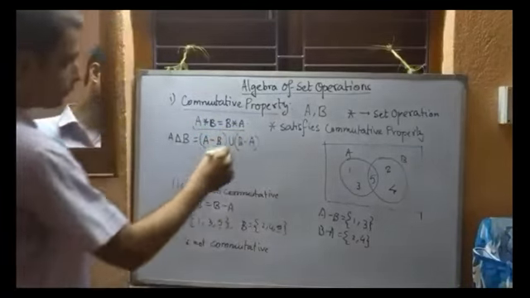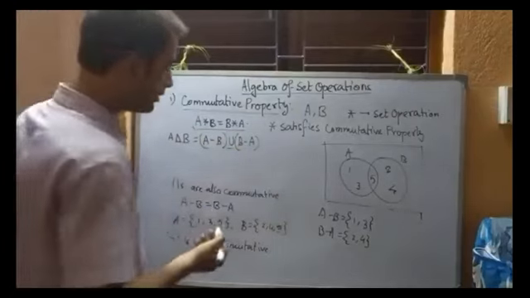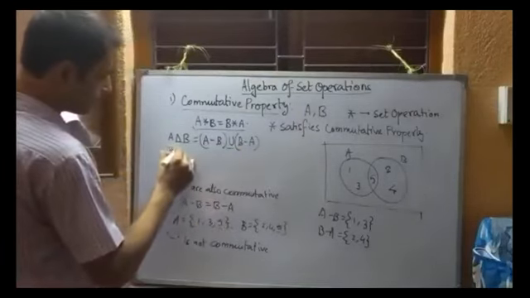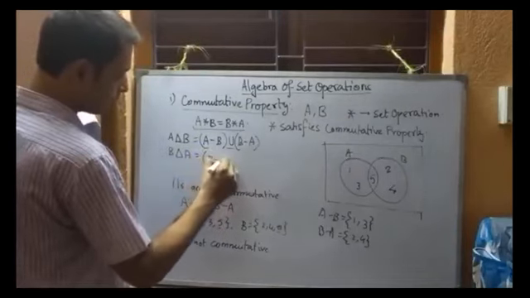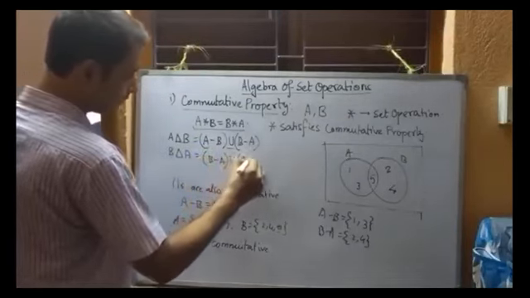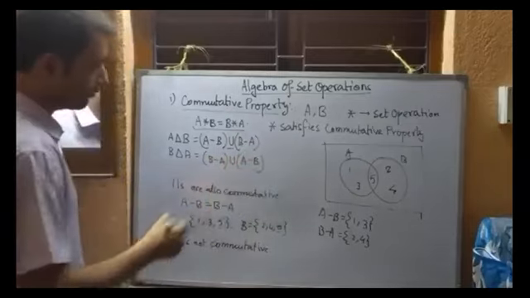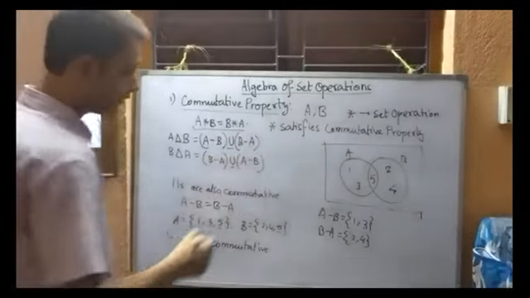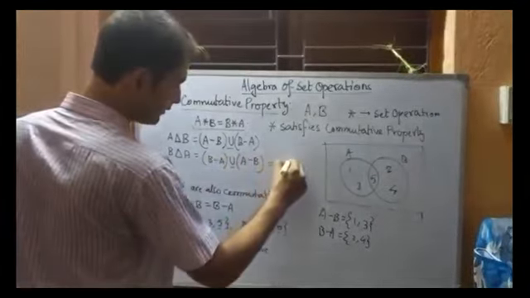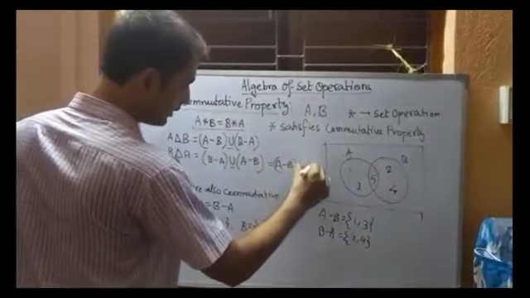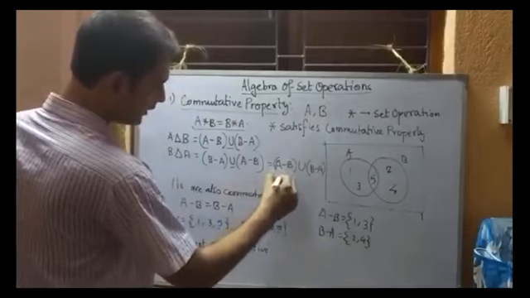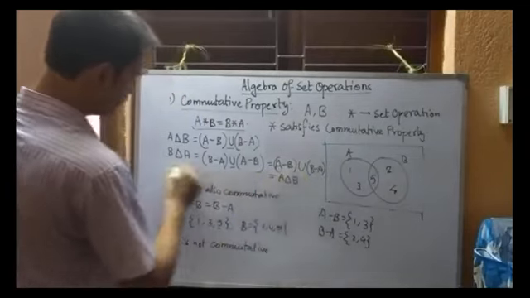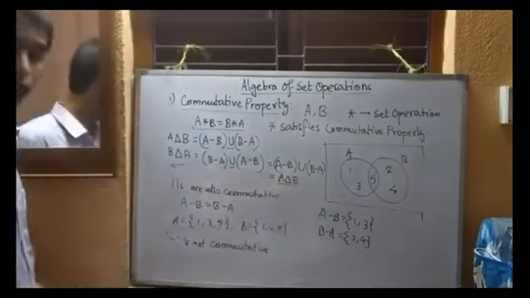Now we have seen that unions are commutative. So if we construct B delta A, then it will be B difference A union A difference B. And by the commutativity of union, we can write it as A difference B union B difference A. And clearly it will be A delta B. So these two will be equal.